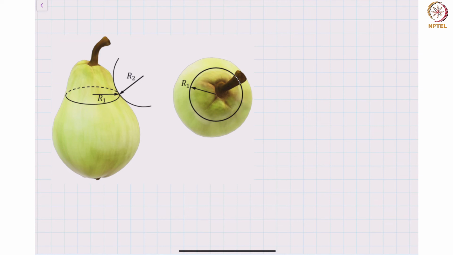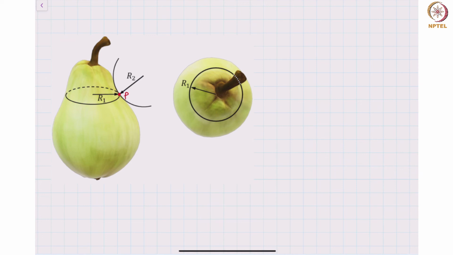At any point, let's say this point, we'll call it point P, I want to determine the curvature. Clearly, I can draw two circles. There is an inner circle of radius R1, and an outer circle of radius R2. Because there are two of them, R1 need not be equal to R2 in magnitude.